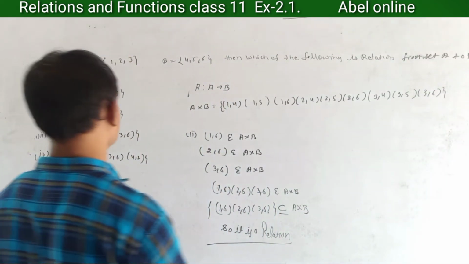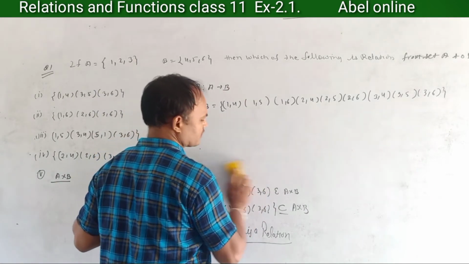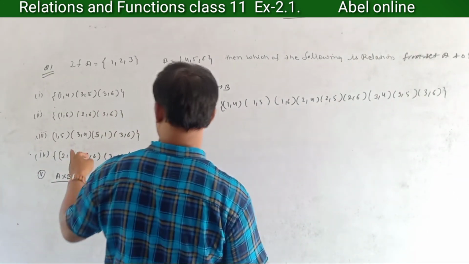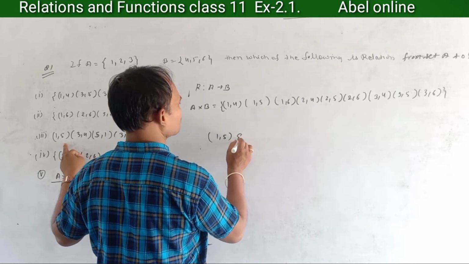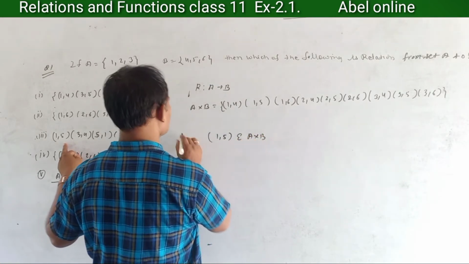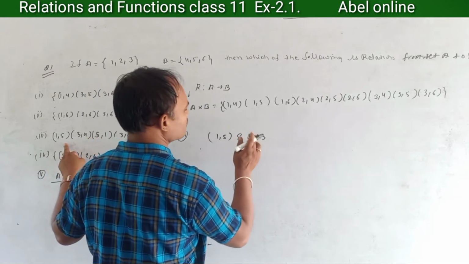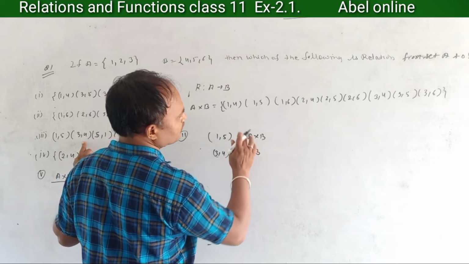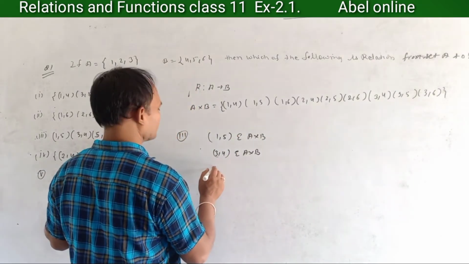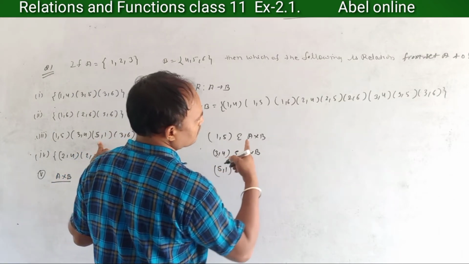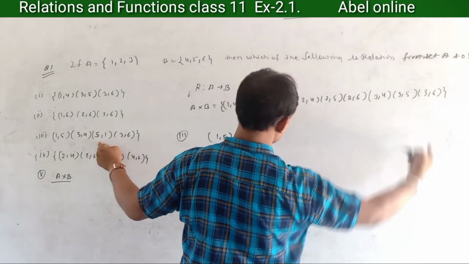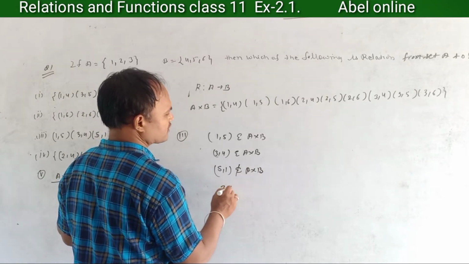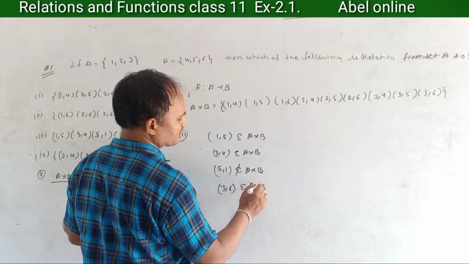Now we are going to solve the third part. (1, 5) belongs to A cross B. (3, 4) also belongs to A cross B. Now (5, 1) is not here, so (5, 1) does not belong to A cross B. And (3, 6) belongs to A cross B because it is the last element.